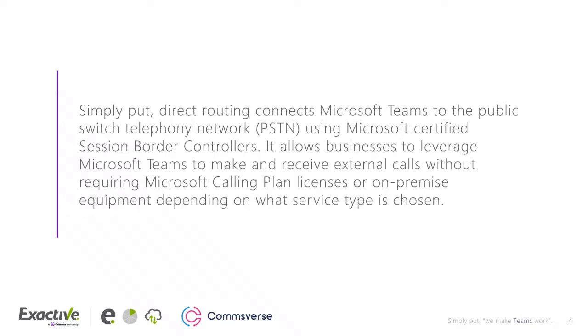It allows a business to leverage Microsoft Teams to make and receive calls without requiring Microsoft Calling Plan licenses or on-premise equipment, depending on what you choose going down the line. So depending on how you're migrating to Teams, this is always going to be the end goal, but it's the start goal that can always chop and change depending on the organisation. That is what's important, and that will change the customer journey in the migration scenario.